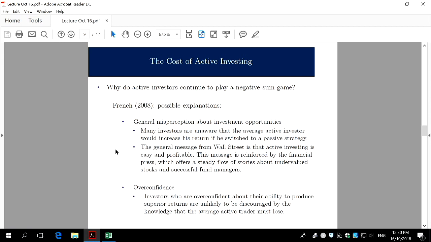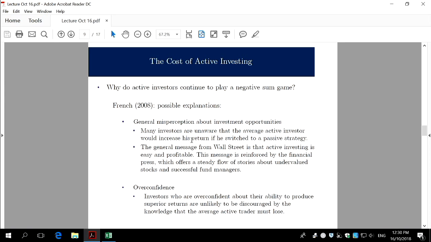The first possible explanation is that those investors have misperceptions about investment opportunities. Specifically, many investors are unaware that the average active investor would increase his return if he switched to a passive strategy.